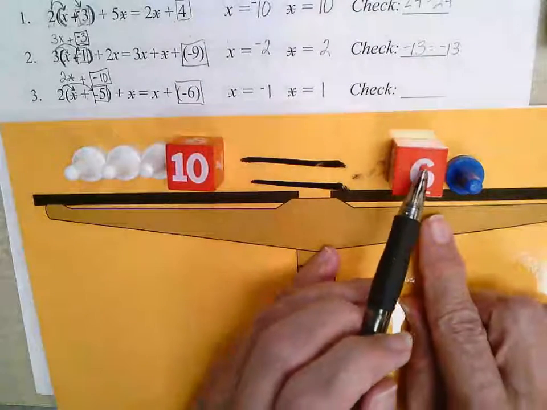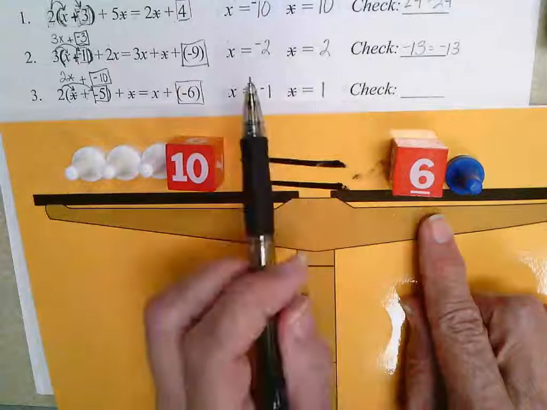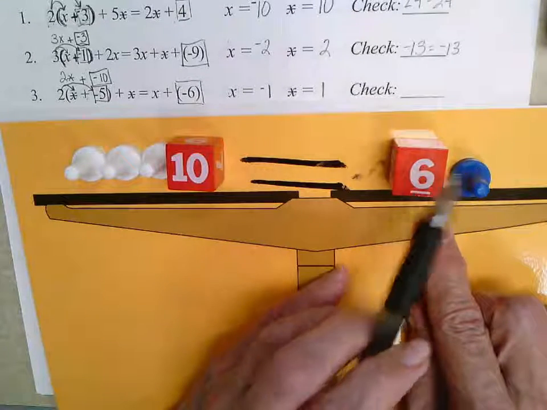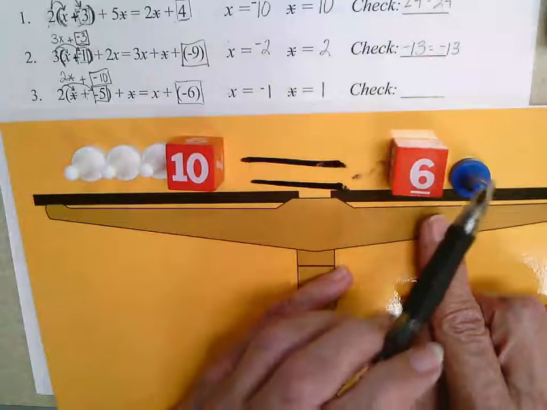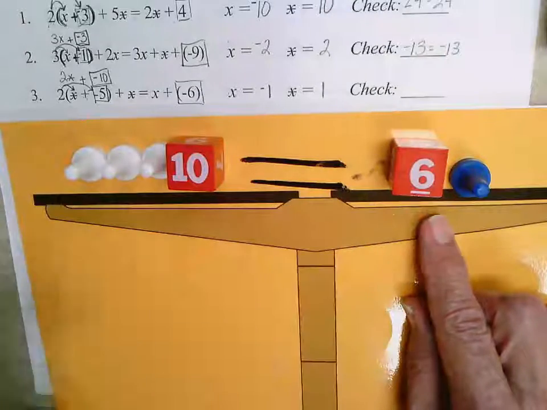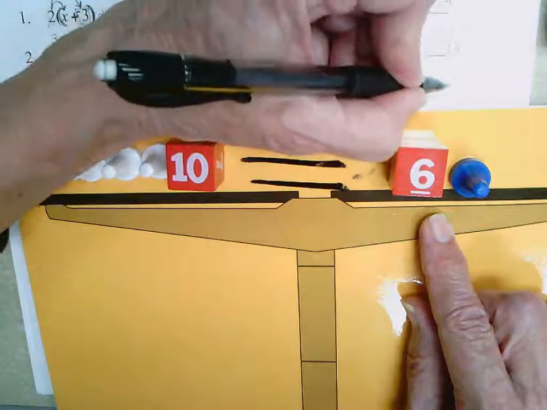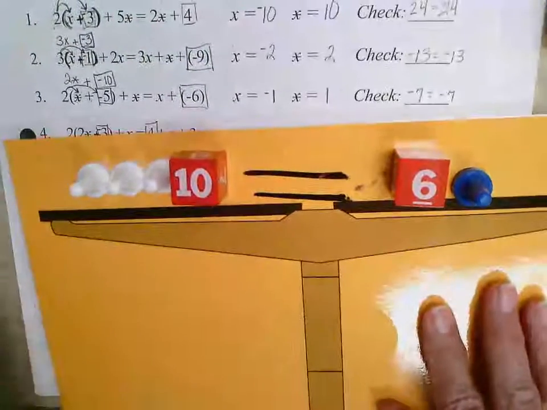Over here I have a negative 6, and my blue pawn is negative 1. A negative plus a negative is a negative, so I just combine these together and I get negative 7. So my check works. Negative 7 is equal to negative 7.